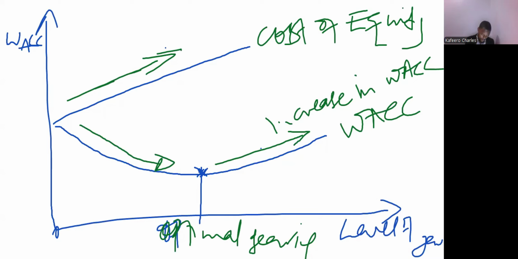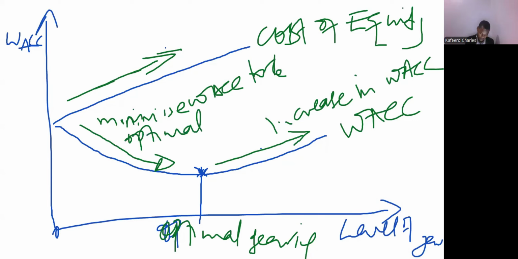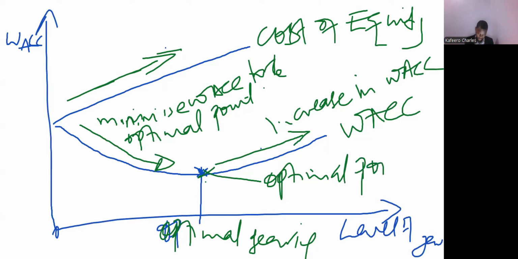By moving down, we are trying to minimize WACC to the optimal point. Of course, this is now the optimal point.